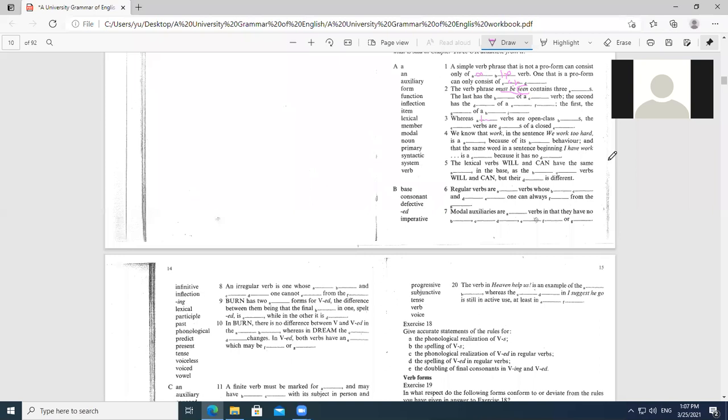Number 5. The lexical verbs will and can have the same form in the base as the modal auxiliary verbs will and can, but their function is different.